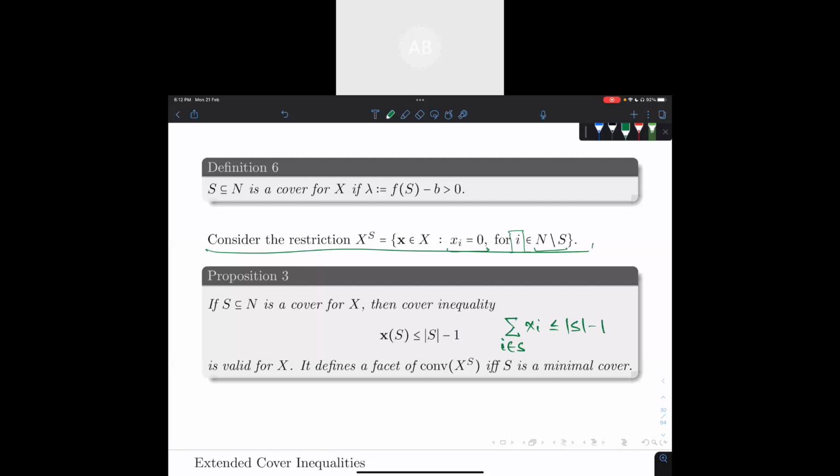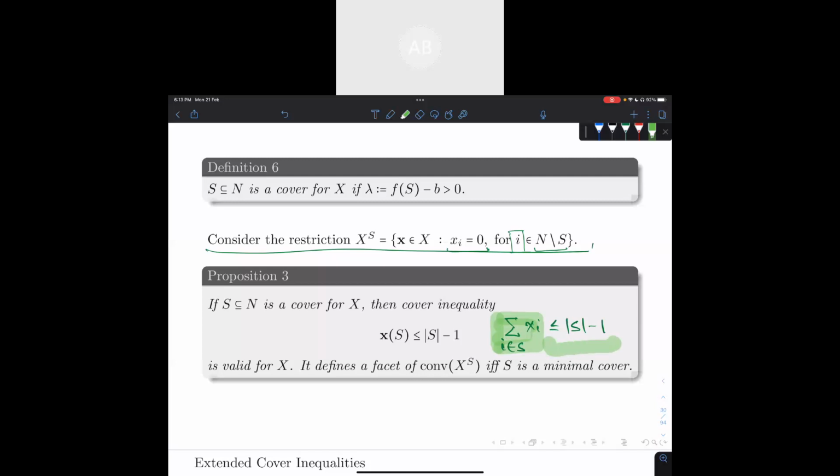Why? Because if all of these X's were 1, then this left hand side will be equal to the cardinality of S, right? But they cannot all be 1 simultaneously, so they have to be less than or equal to cardinality minus 1.